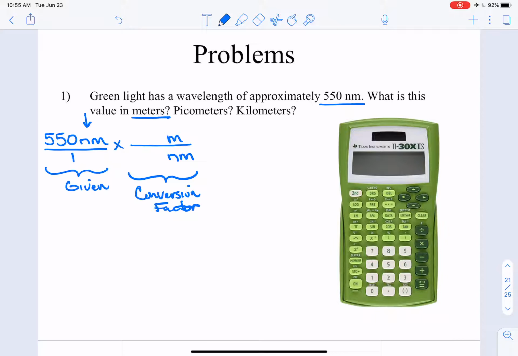Okay, now what's usually easiest for most students is to think that a meter is a lot bigger than a nanometer. A nanometer is tiny. So we can put 1 meter right there and then think about how many nanometers can we fit inside that meter, and it's going to be a whole lot.